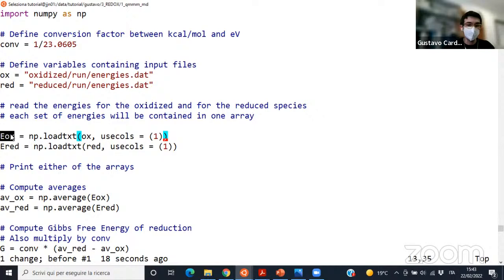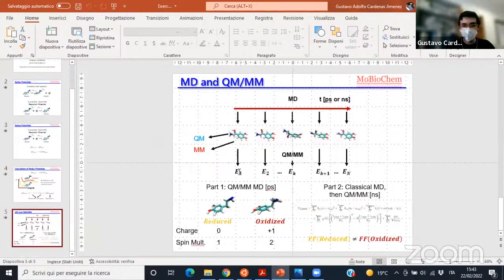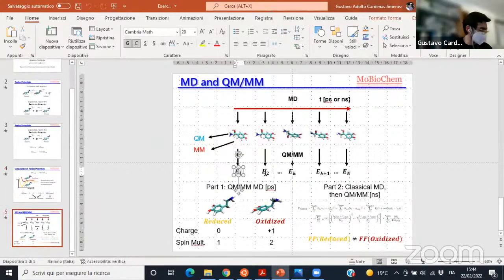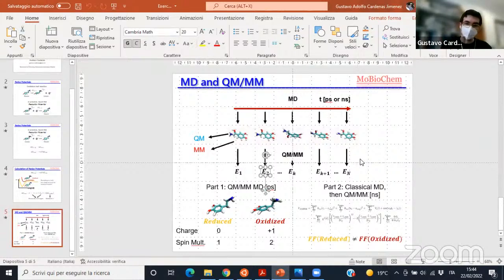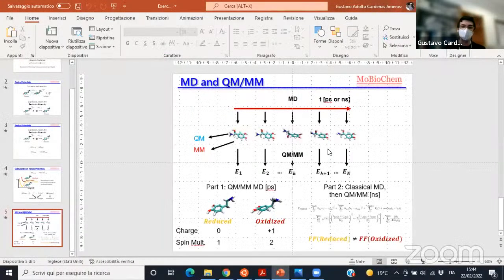So what we have in this variable is basically, let's go back to the presentation. So we have this thing here. I'm sorry if I'm being slow here. Of course, the people need not know how to program, which is perfectly fine. So just to actually see what's going on, we're going to construct a list, like this one here, with each one of the energies. So one for the oxidized species, so for the QMMM for the oxidized, and the other one for the reduced species.